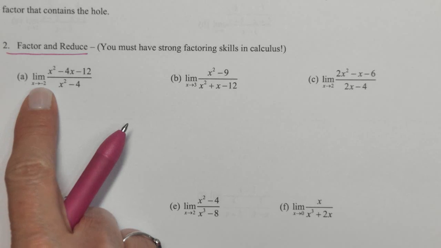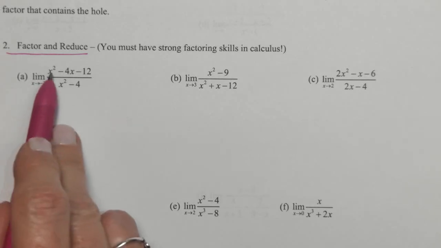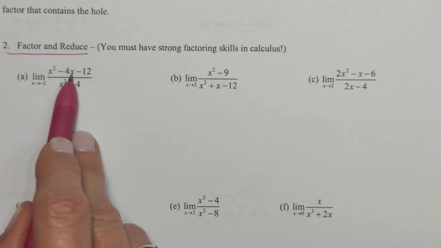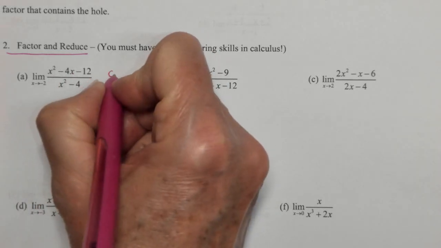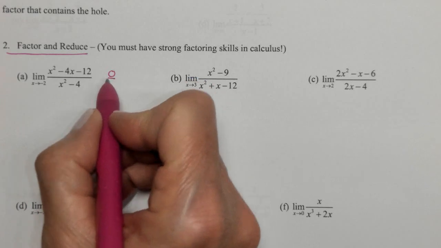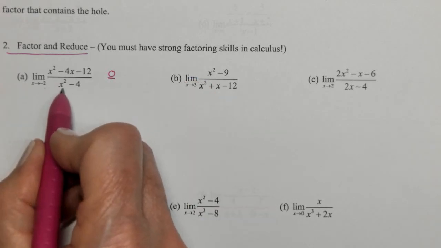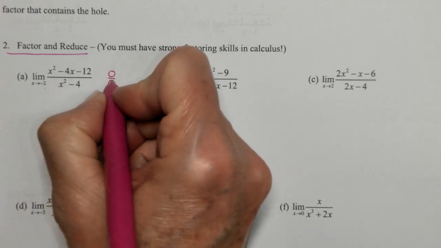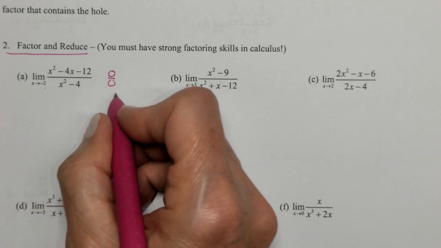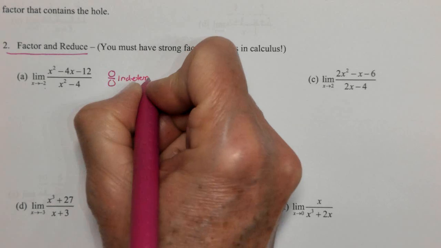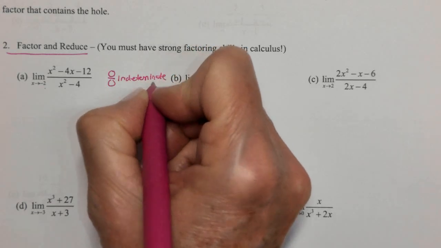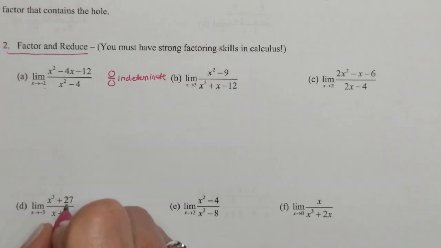So if we put in negative 2 for x, I'm going to have a 4 plus 8 minus 12, which is 0 on top, and on the bottom I'm going to have a 4 minus 4, so I get 0 on the bottom. 0 over 0 is indeterminate. You do not have to write this, but for the sake of your notes right now, that is indeterminate.